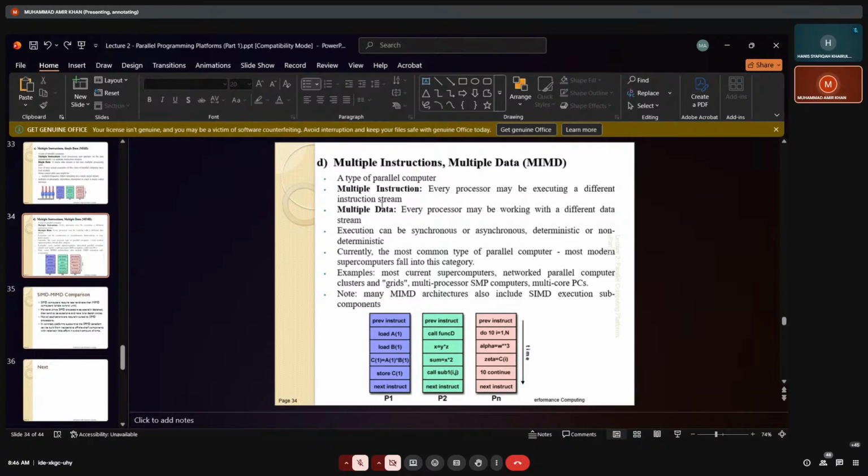Execution can be synchronous or asynchronous, deterministic or non-deterministic. Concurrently, it is the most common type of parallel computer. Most modern supercomputers fall into this category. Most current supercomputers, networked parallel computers, and clusters all lie in MIMD.